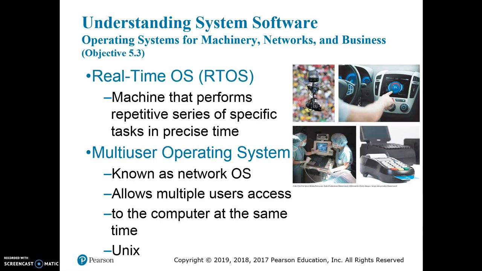So examples of this would be a smart thermostat, okay, a smart dishwasher, a smart fridge, all those things have real-time operating systems. Like a Roomba, is it Roomba, the vacuum, one of the little robot vacuums.